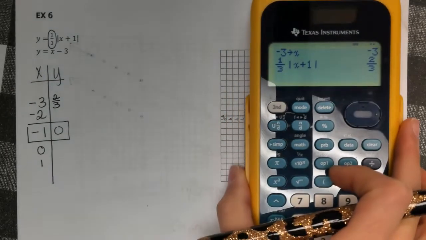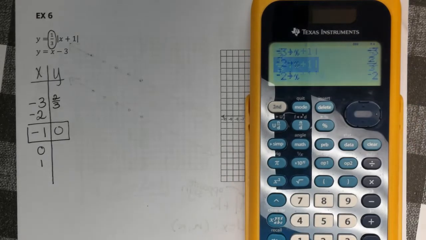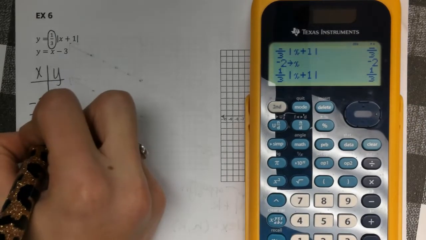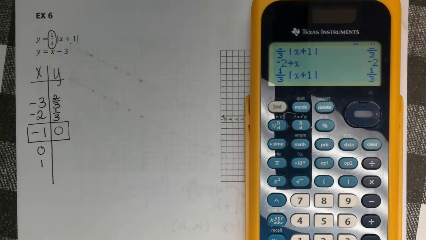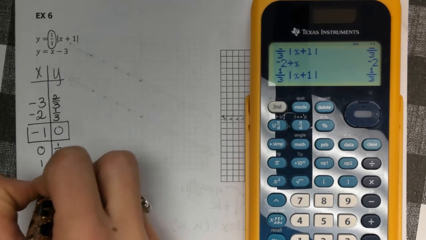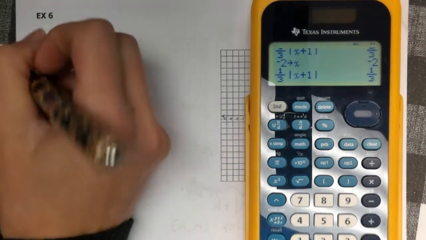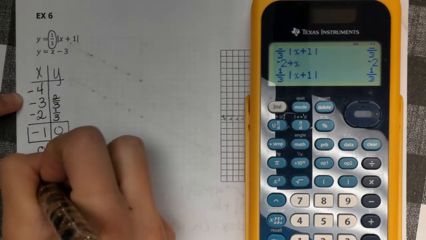Okay? If I were to do -2 store for x, it gives me 1/3. And then I know, since I've done it, it's going to mirror around that vertex. Well, I'm not going to graph a 0.3 and a 0.6 and that be my graph. So if you have a fraction here, just go until you get your next whole numbers. Here, it's going to be at -4 and 2.